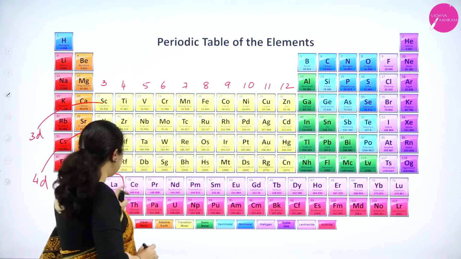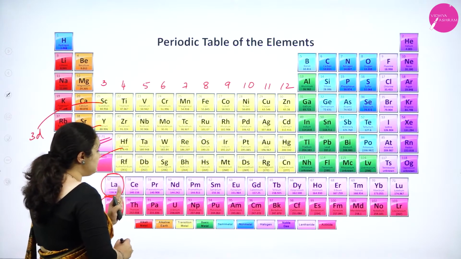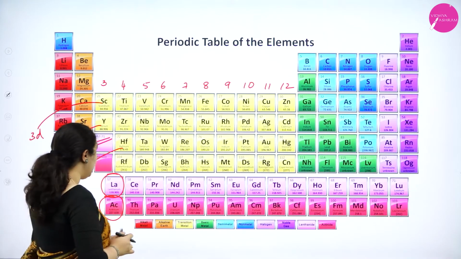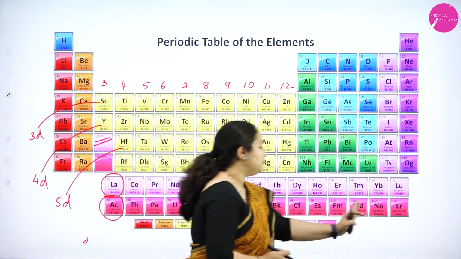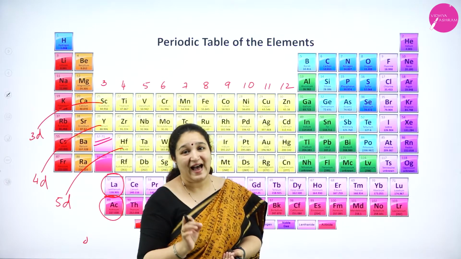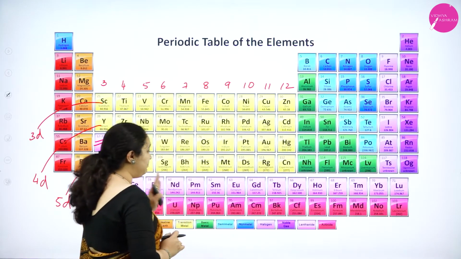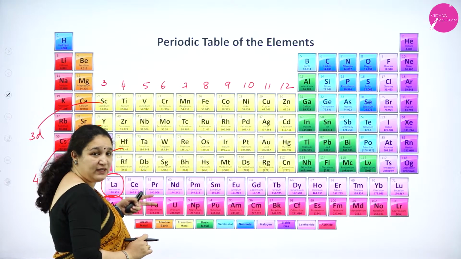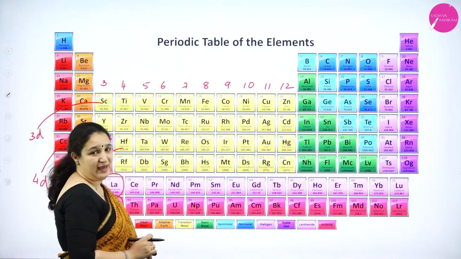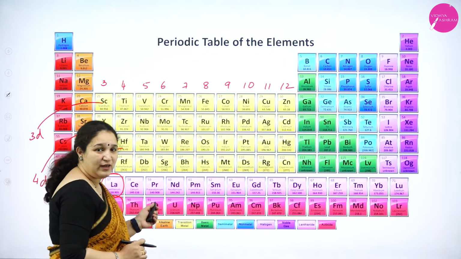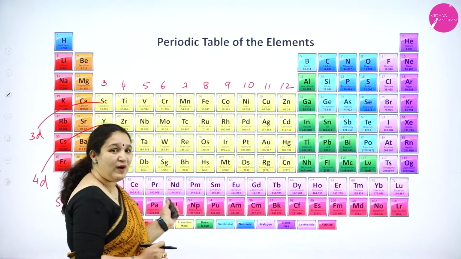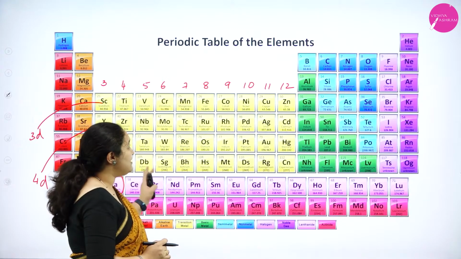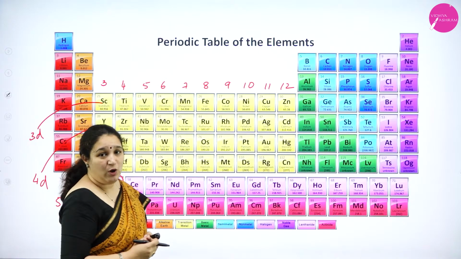That is, after lanthanum, from cerium to lutetium we call them lanthanides, and from thorium to lawrencium we call them actinides, which are filling up the f orbital. Thus we call them f block elements. I shall do more detail about f block elements once I finish with the d block elements. Okay, so that's about the d block elements.